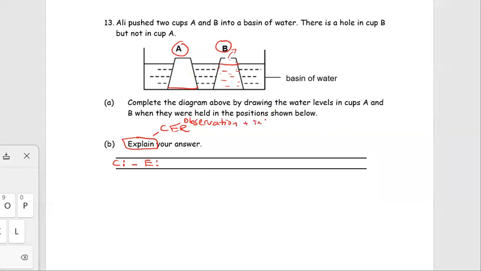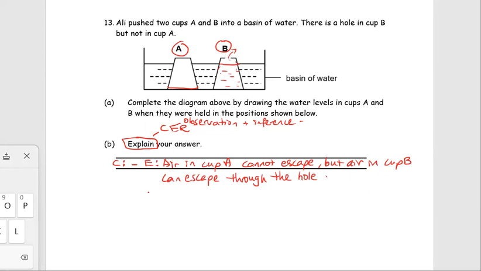My inference is the air is trapped, the air cannot escape. So air in cup A cannot escape. But the air in cup B can escape through the hole. That is my observation.